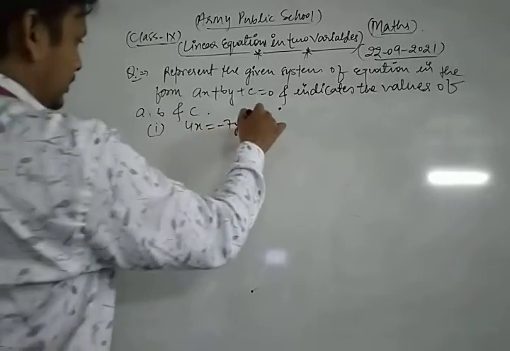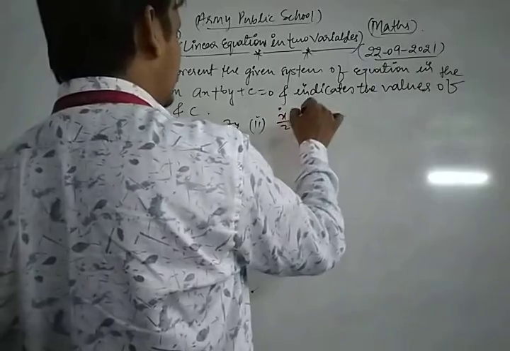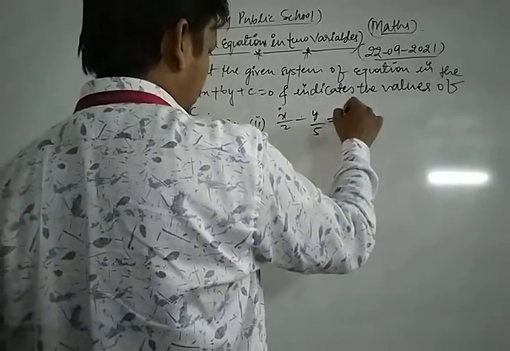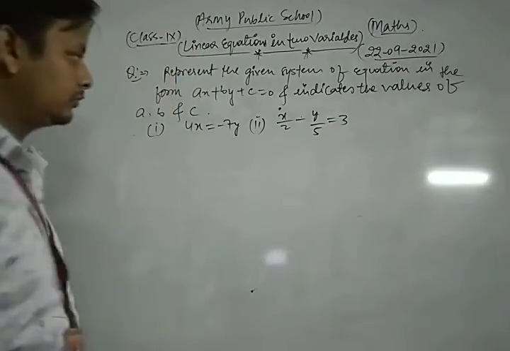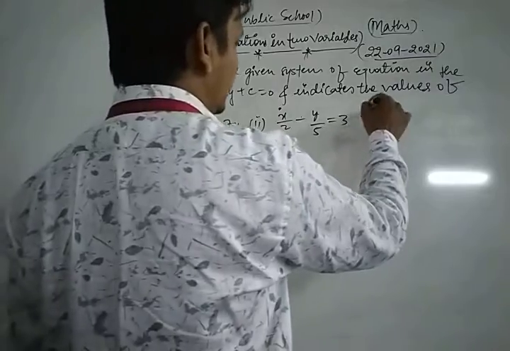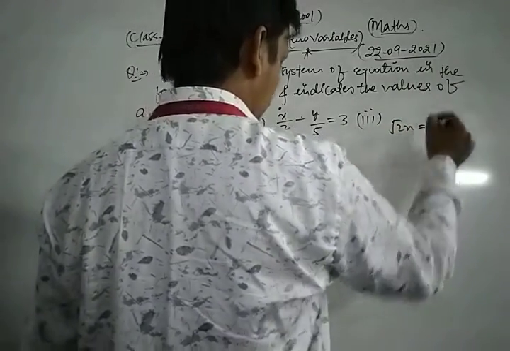The first part of this question is 4x is equal to minus 7y. The second part is x upon 2 minus y upon 5 is equal to 3. Third one, under root 2x is equal to 0.